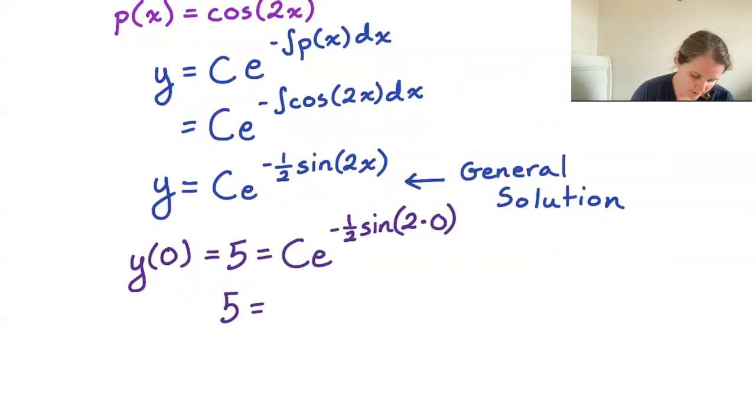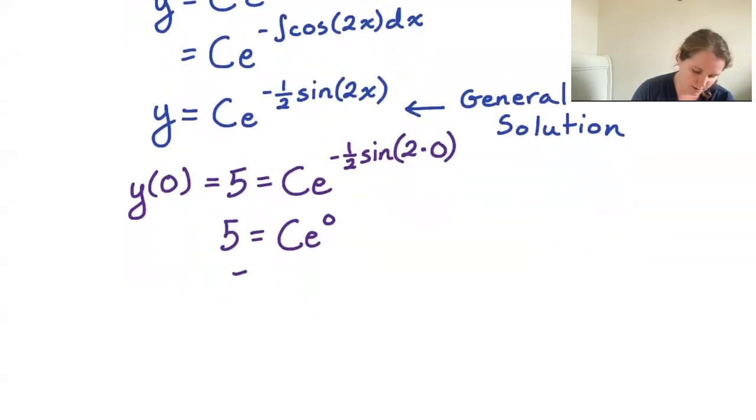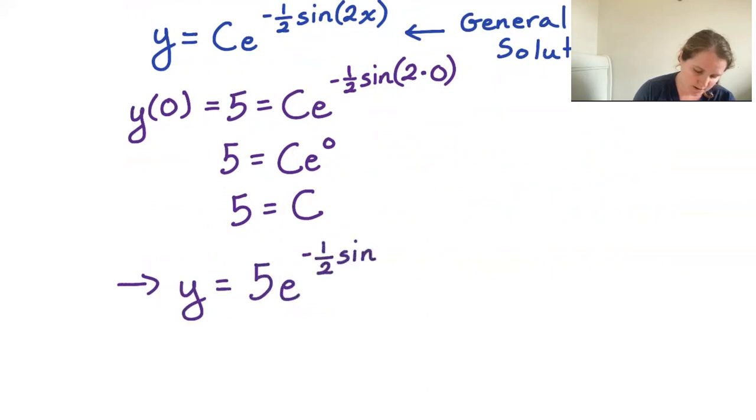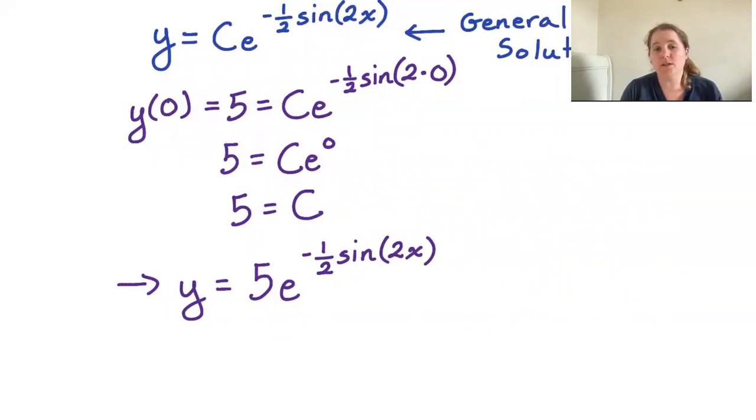We have 5 is equal to C e to the 0th, otherwise known as 5 is equal to C. So our particular solution is y is equal to 5 e to the negative 1/2 times sine of 2x. So this is just solving basic homogeneous linear differential equations.